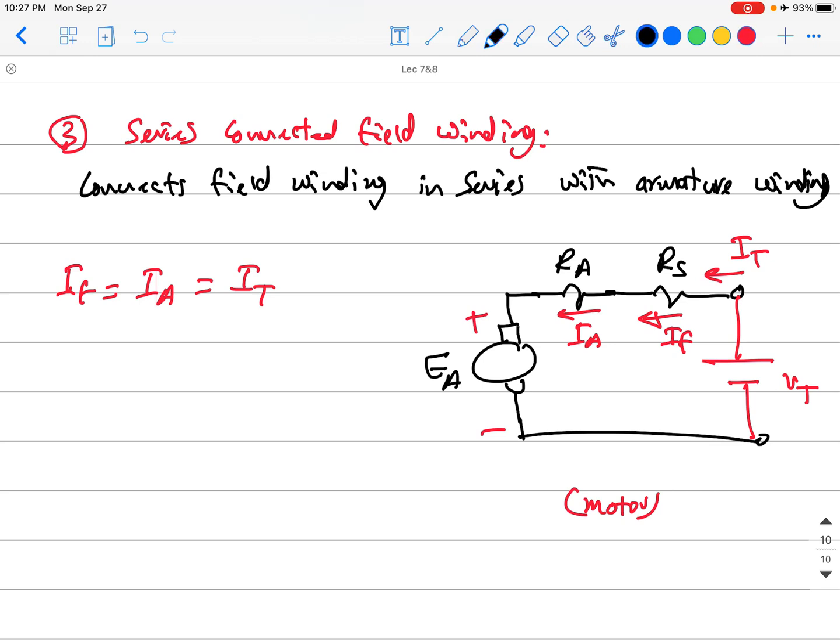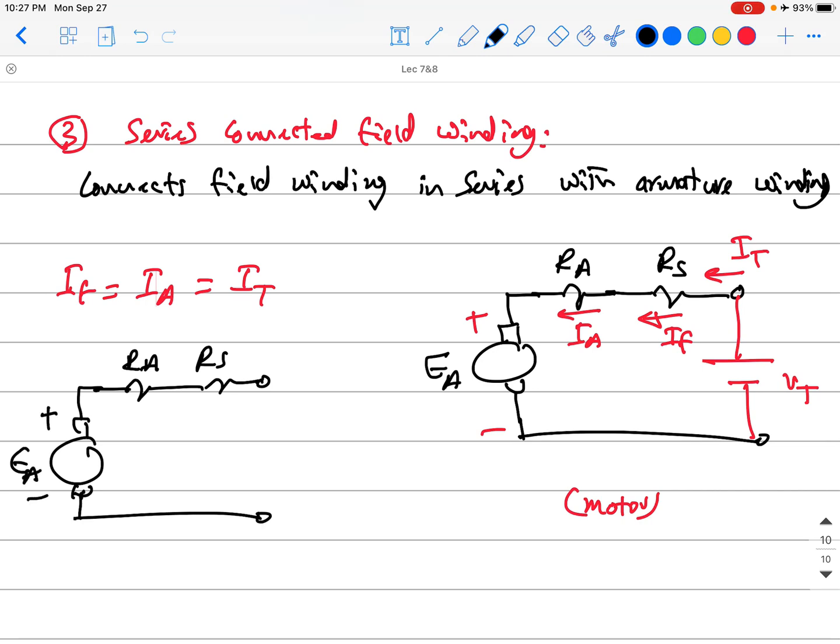If we're talking about a generator, it will be the same idea. That is RS, RA, but now the source is basically the induced EMF, because that's a generator now. And you have an electric load connected here, so that is our load. That is for generator mode.